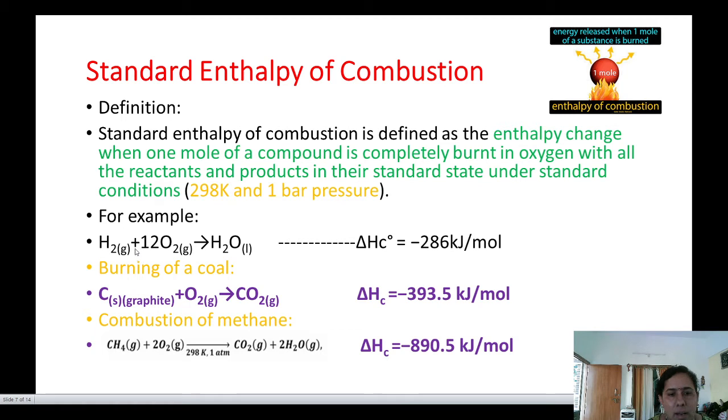As an example, H2 plus 1 by 2 O2 gives H2O. On the slide it appears by mistake as 12, but it is 1 by 2 O2.